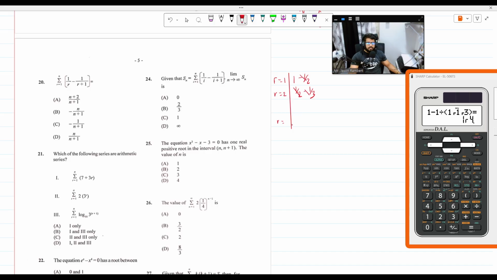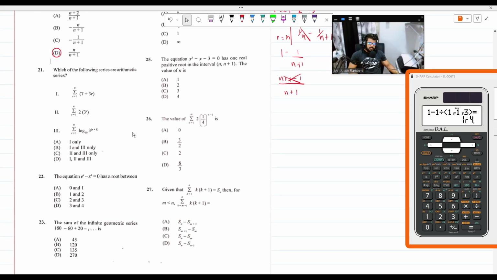When r is n, we're going to get 1 over n take away 1 over n plus 1. The last term survives, which is minus 1 over n plus 1. 1 minus 1 over n plus 1 is n plus 1 minus 1 over n plus 1, which is n over n plus 1. The answer is D.